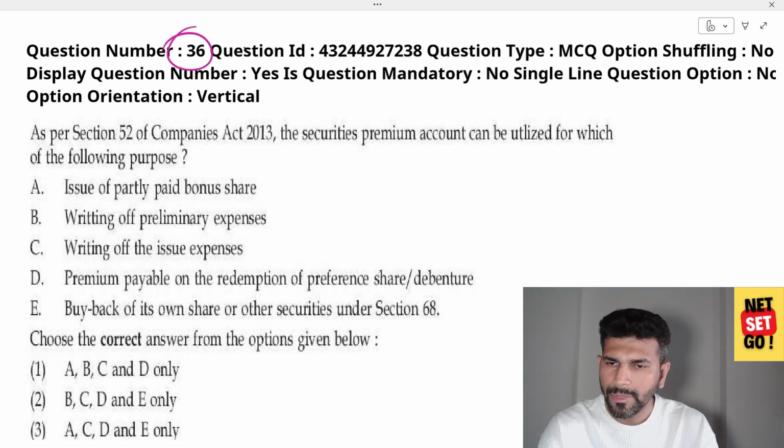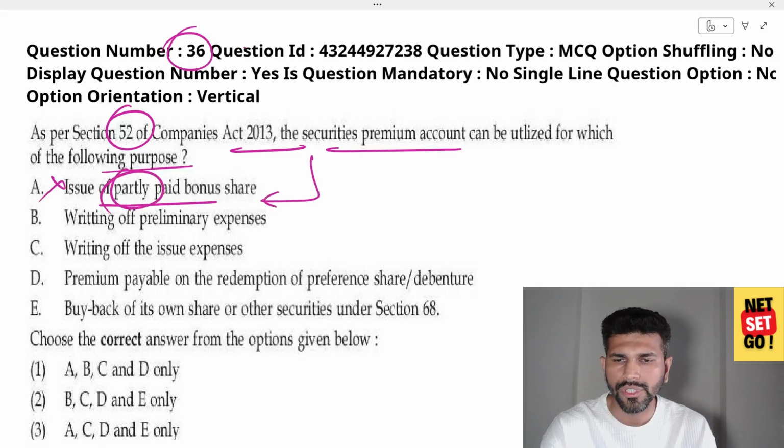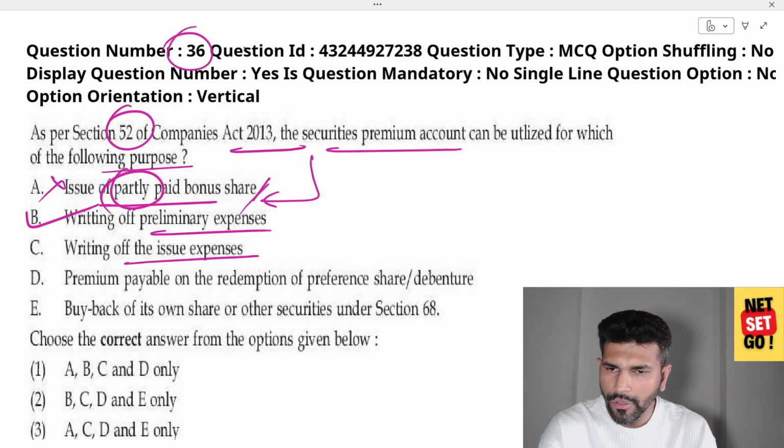Next, as per section 52 of the Companies Act 2013, the securities premium account can be utilized for which of the following purposes? Issue of partly paid bonus shares? No. Securities premium can be used to issue fully paid bonus shares, not partly paid. Bonus shares should always be fully paid. To write off preliminary expenses? Yes. Write off issue expenses? Yes.